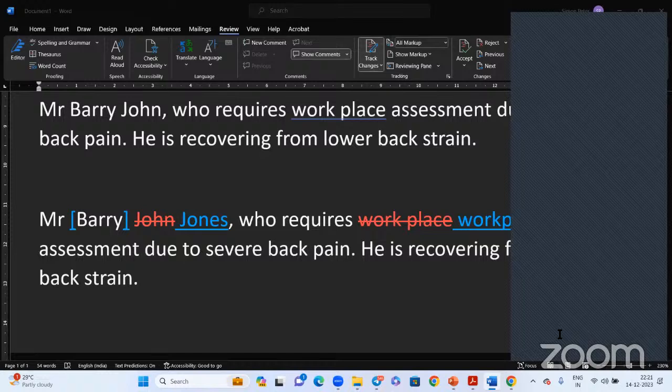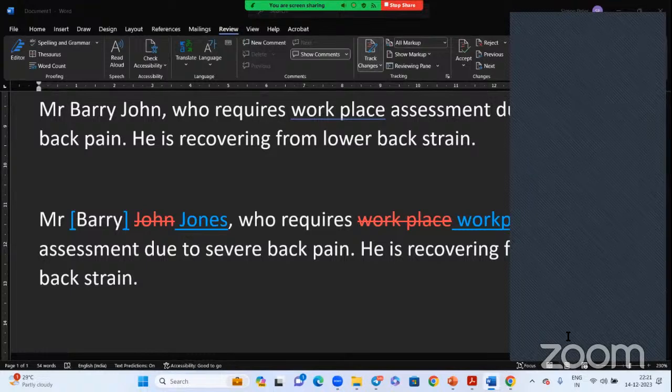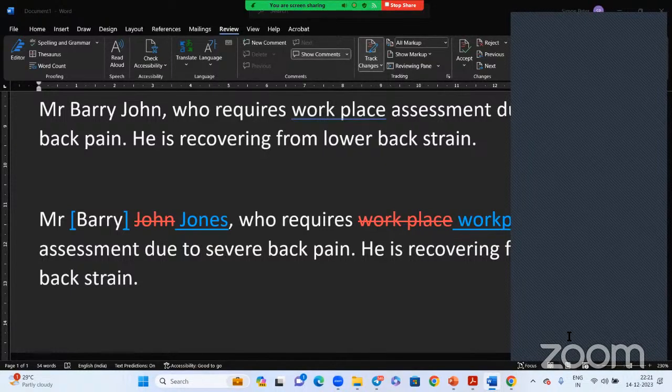Number one is spelling mistakes. This everyone does. Number two: this girl has written Barry Jones again. So Barry, is this needed again and again? Barry Jones, Barry Jones, Jones, Jones. The second concept is called redundancy.